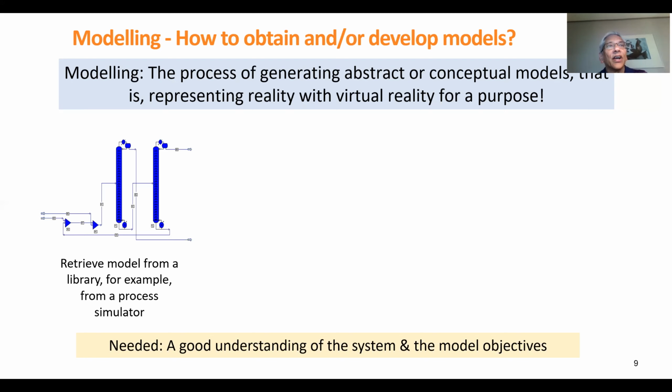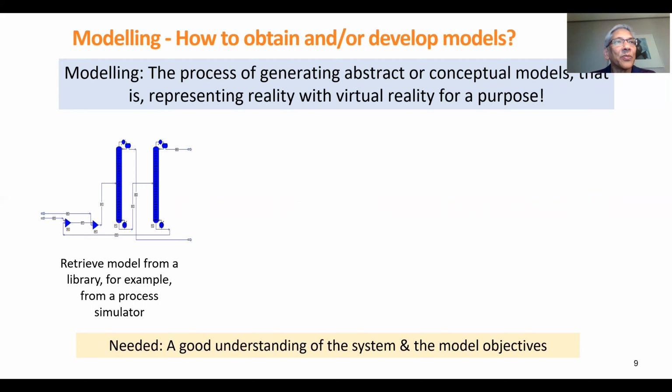Here is an example of the use of developed models, which sometimes can also be called modeling. If one thinks of what a process simulator is, I think most engineers know what it is. It is one of the best or most used developments from the process systems engineering community, I would say, because at any time on Earth, somebody is using a process simulator.